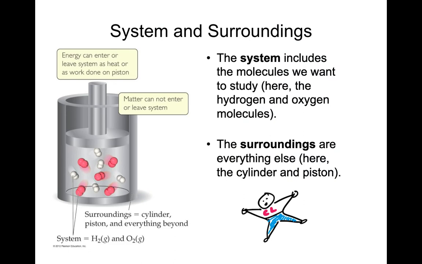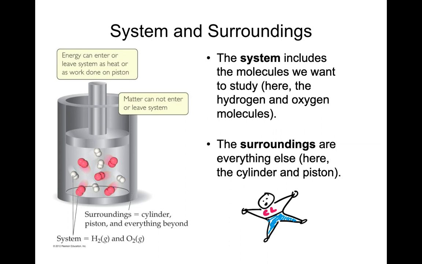In order to understand energy conversion, though, we need to define two different terms: system and surroundings. The system is what we're examining. The system consists of the particles that are what's changing.